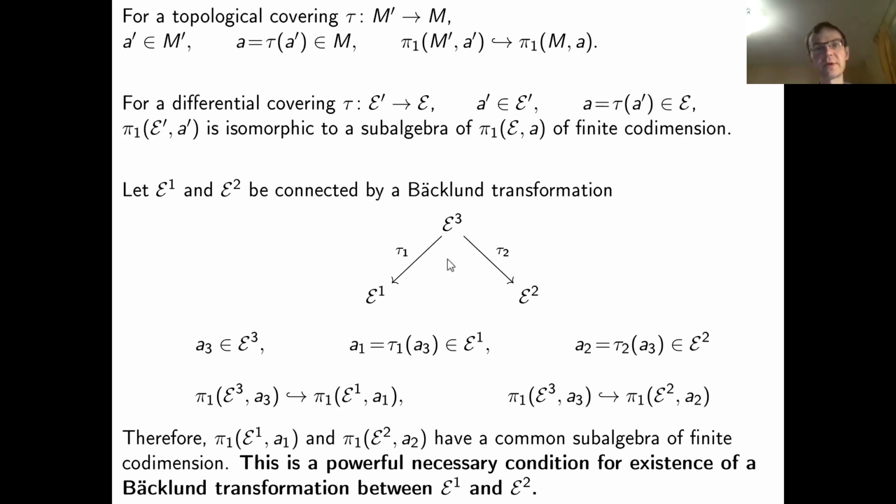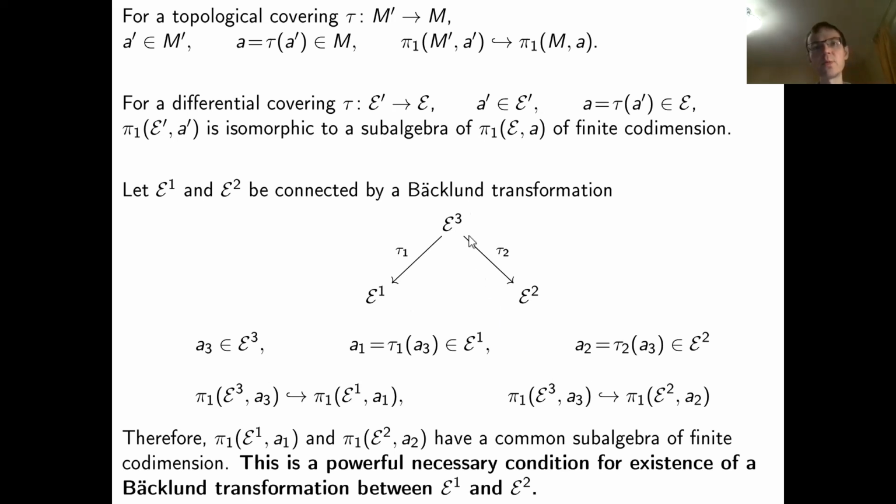Suppose that we have two PDEs, E1 and E2, connected by a Bäcklund transformation. So we have this diagram of coverings. We take a point A3 in E3, and consider its image in E1 and its image in E2. Now we consider the fundamental algebra of E3 and the algebras of E1 and E2 at those points.